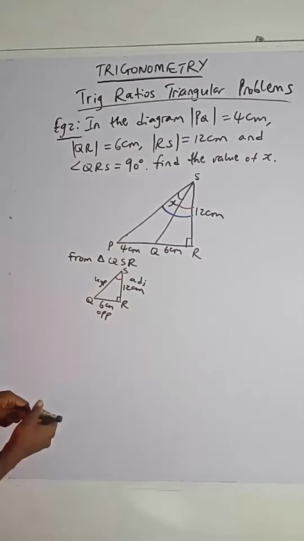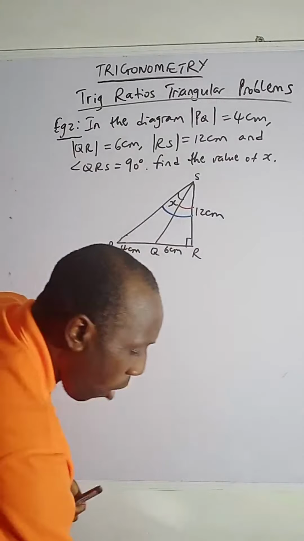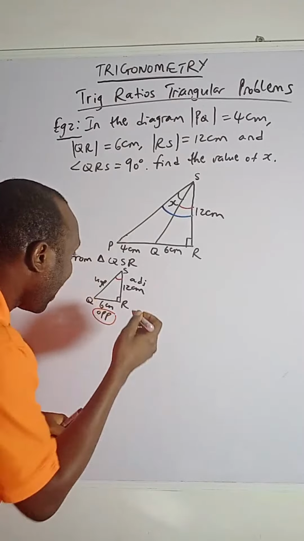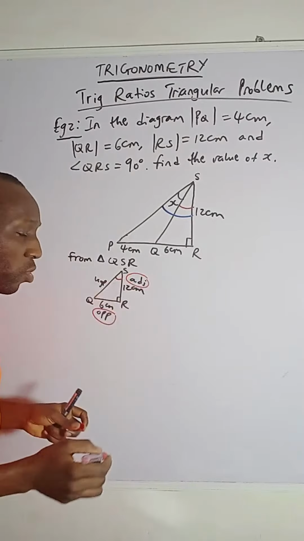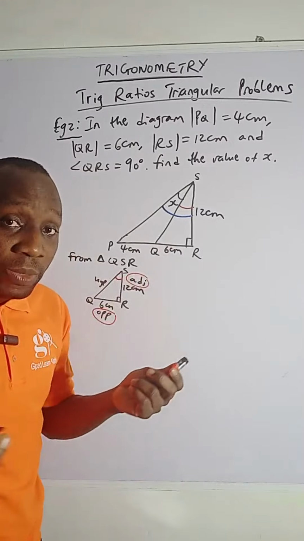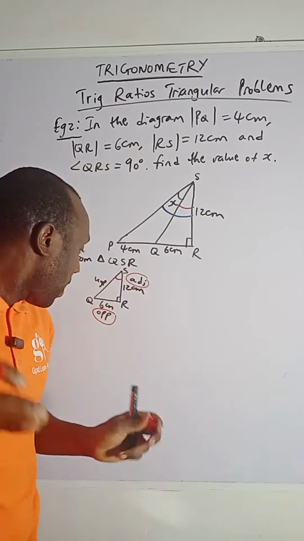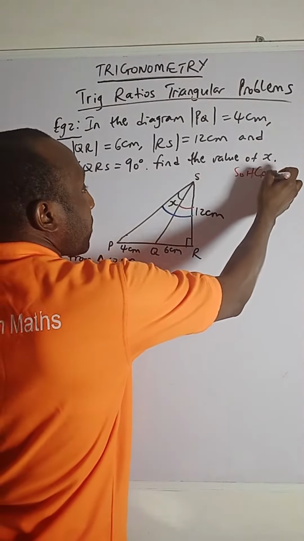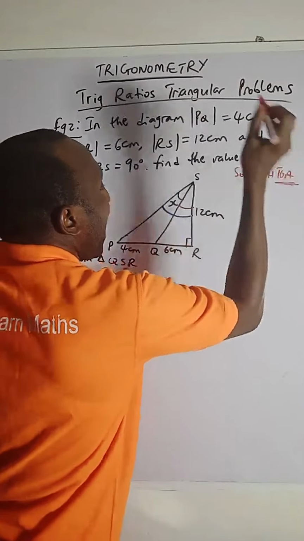So let's keep going. Now, I'm going to use opposite because I know what that side is and what the adjacent is. So which trig function combines opposite and adjacent? That's pretty obvious, right? That's tan. Opposite over adjacent, SOHCAHTOA. It is tan.